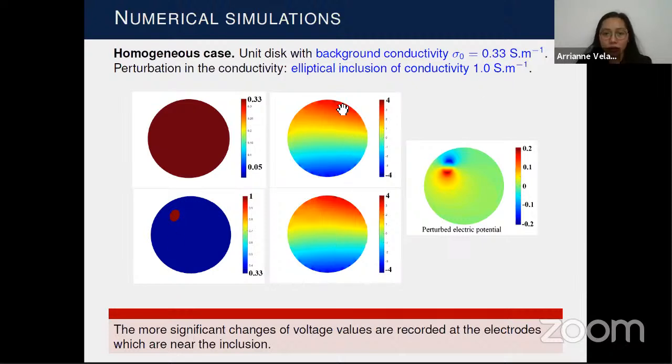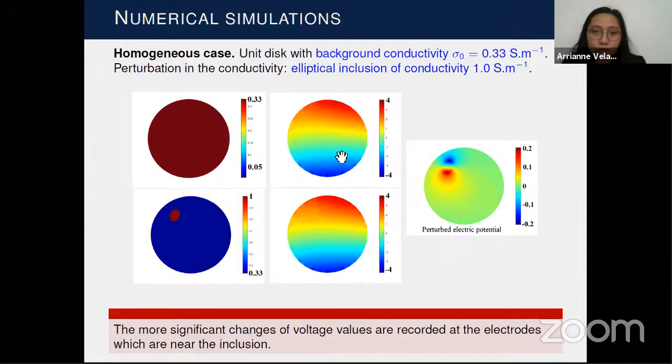So the second column here shows the corresponding potential or forward problem solutions for these two case domains. And I don't know if you can see it here, there is a faint hint of the ellipse, the perturbation, in the forward solution.